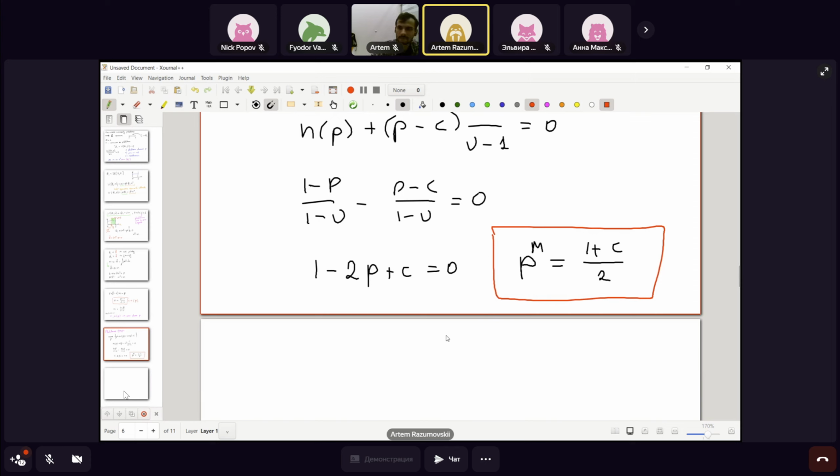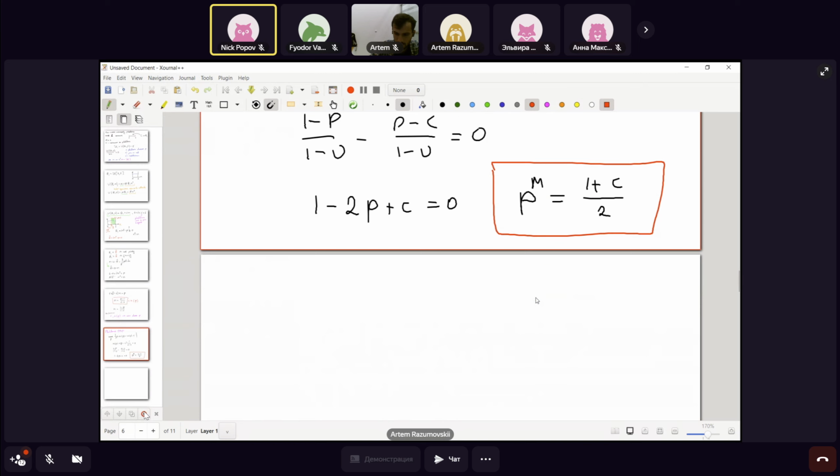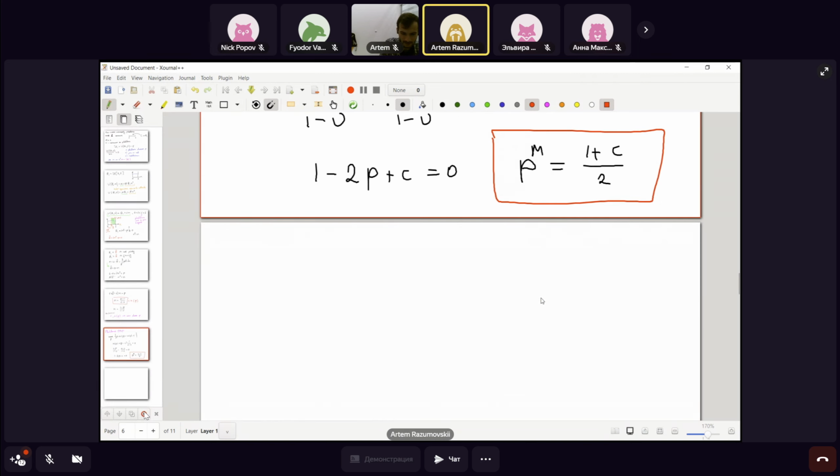Correct. Seems legit. Seems correct. Okay, great. So then we need to calculate the number of users who will join the market at this monopoly price.